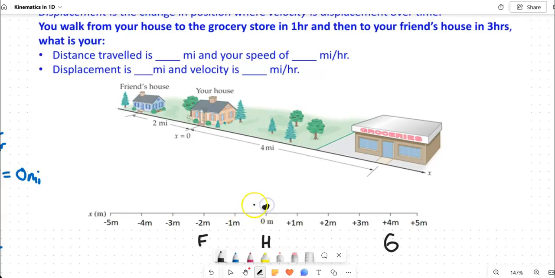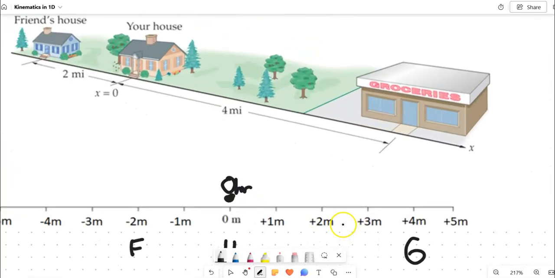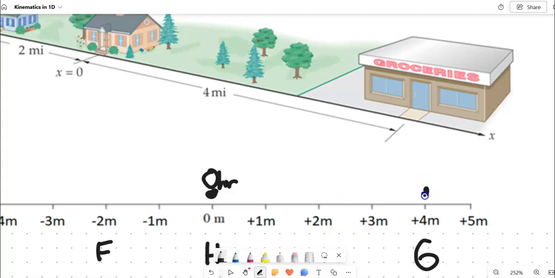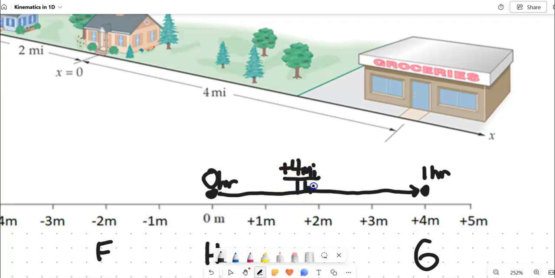All right, so let's do this. You start here, and at the 0 hour mark you zoom in and get to the grocery store in 1 hour. A quick way to count displacement is just 1, 2, 3, 4. So you walked a total of 4 miles to the right over the period of 1 hour, or you had a displacement of positive 4 miles over 1 hour.